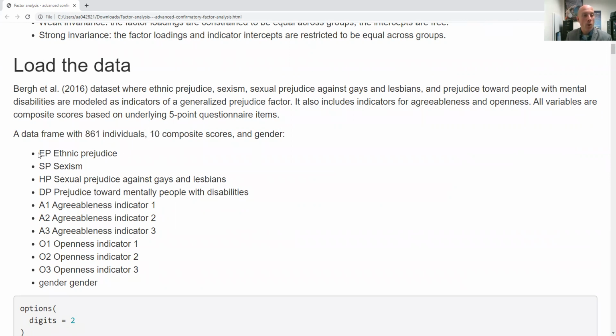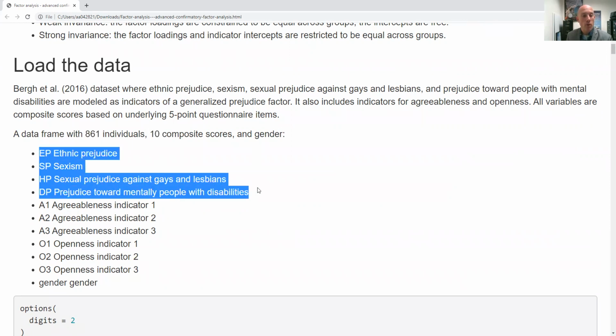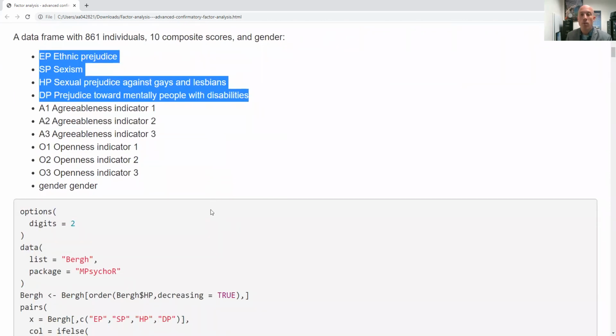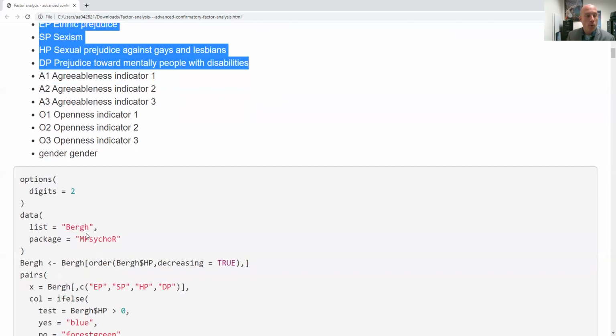We're going to take a look at these measurements of prejudice and then run our confirmatory factor analysis. Our belief right now is that these 4 are contributing to a global aspect of prejudice. And we have a model that we will run for this.